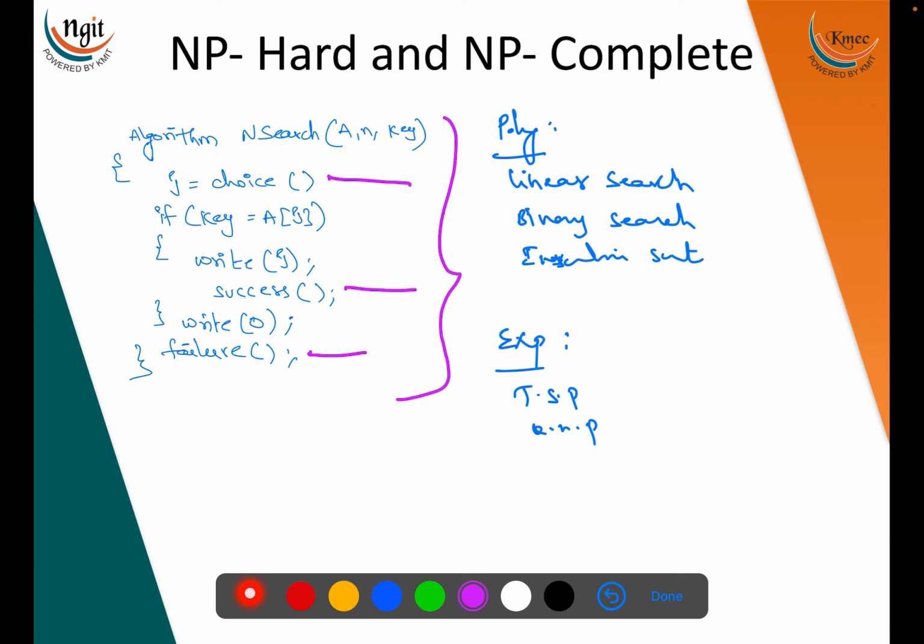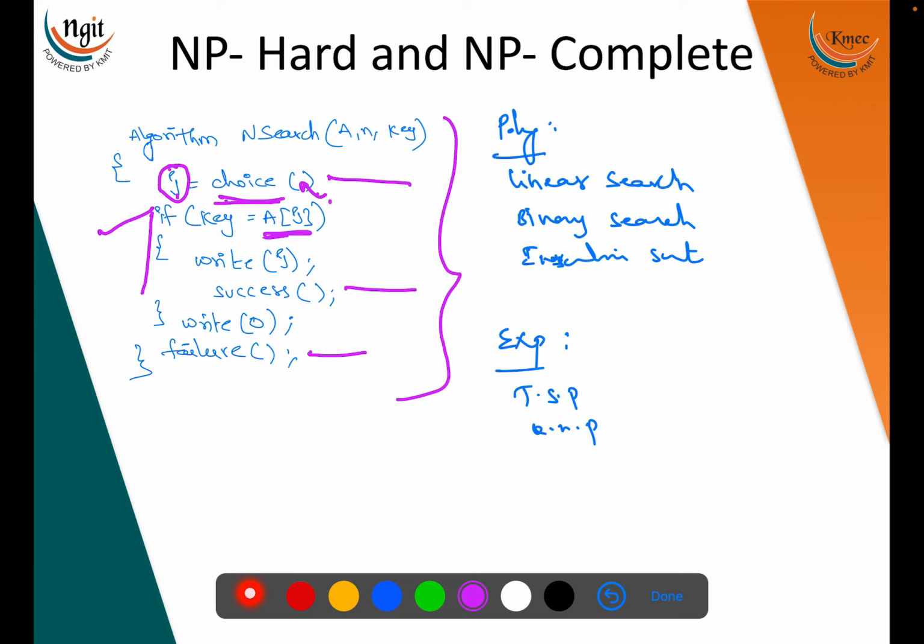If I want to search for some key element in the given set of elements, before I come to this condition, if I execute this choice function and pass some arbitrary constant to it, I can get the index of the array through the variable j.